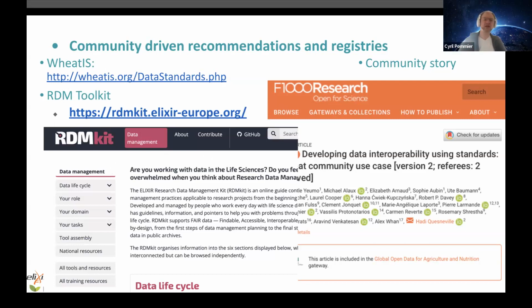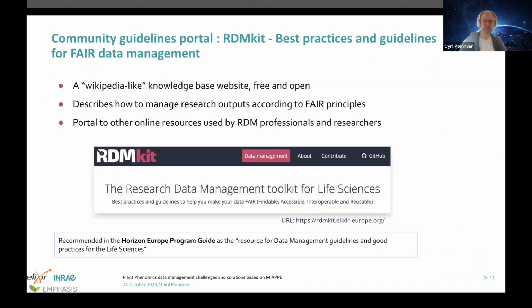I'll get back to it later, and it is a tool I really advocate using because it will list all the details and all the trainings that you might be using in your work.